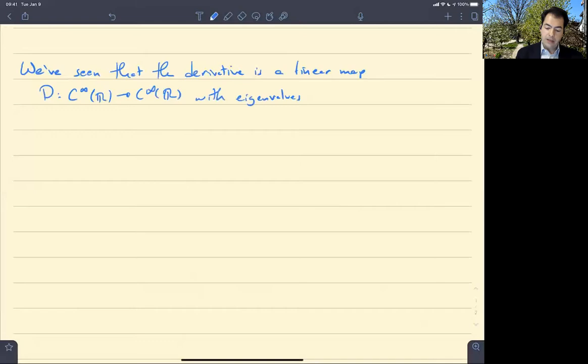With eigenvalues all real numbers, right? So in fact, the eigenspace corresponding to a real number is just the span of the exponential function e to lambda t.